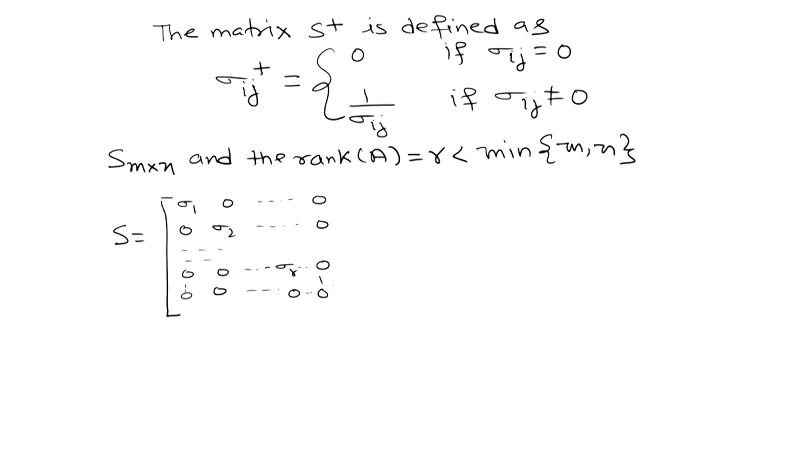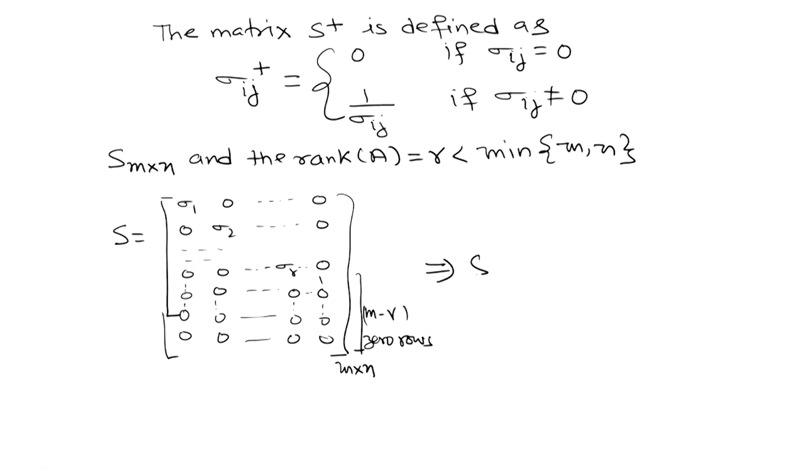So, in case of overdetermined system A is m by n matrix, so S is an m by n matrix. So, these will be total m minus r 0 rows.